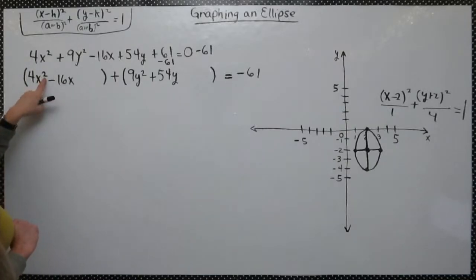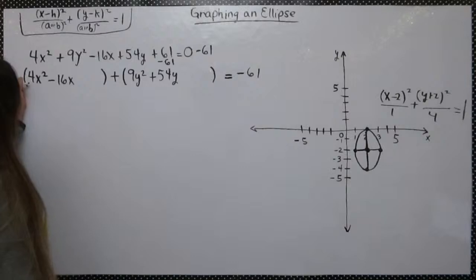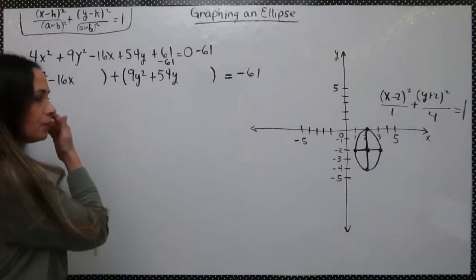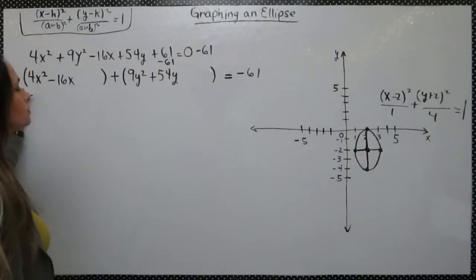You have to look at that second degree, that leading coefficient. It needs to be listed first, and you want to make sure that the coefficient is 1. If it's not 1, then you have to make it 1 by using some properties of real numbers.